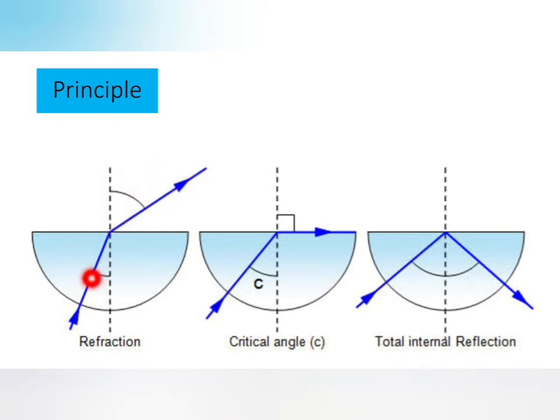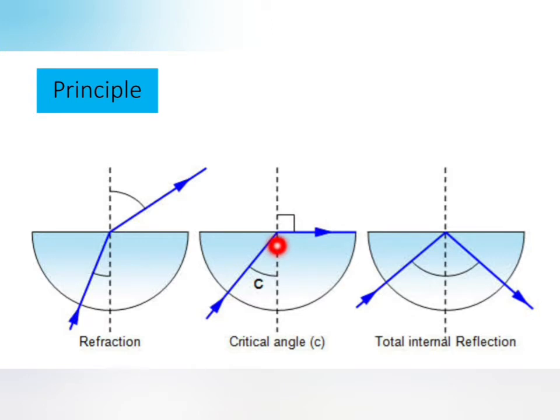Now suppose the angle of incidence, that means the angle at which the light rays fall, is such that the angle of refraction will be 90 degrees. That means the light rays are going along the interface. The angle where the incident light ray falls that makes the angle of refraction 90 degrees is called the critical angle.